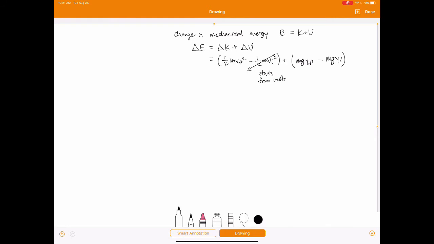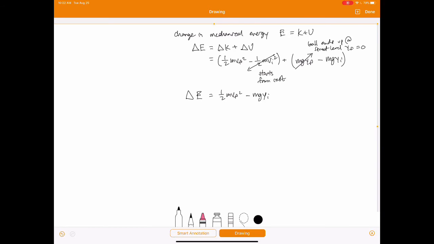Also, we can cross this one off because the ball ends up at street level, and that's where we're going to set y equal to 0. Okay? All right, so we have delta E is equal to 1/2 mv final squared minus mg y initial.